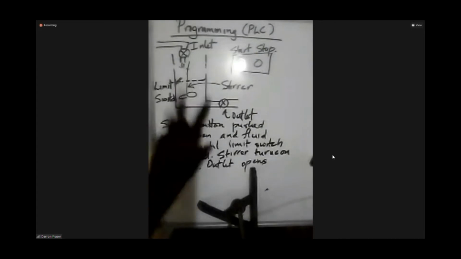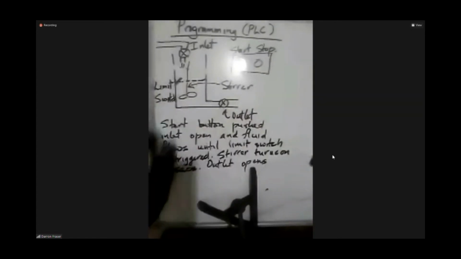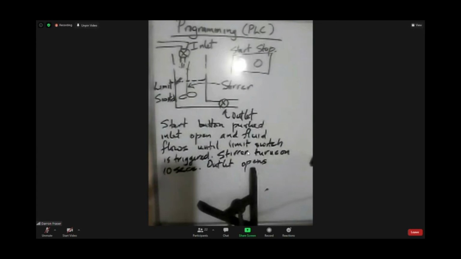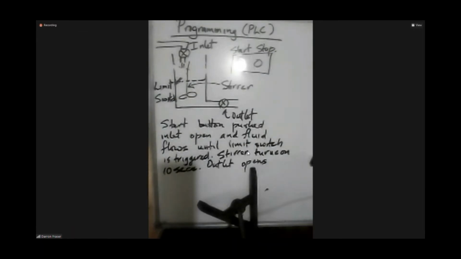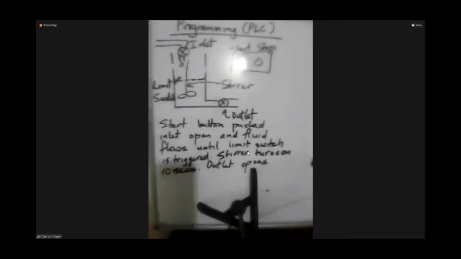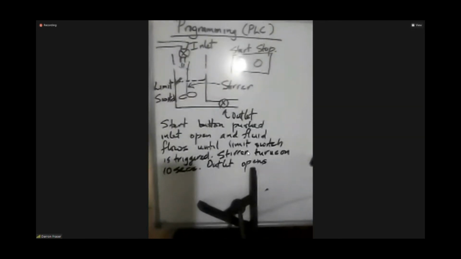So back to what we were talking about. In this process, we're going to be talking about using CX Programmer, but you will be able to understand other processes. The reason why we are using CX Programmer, like I said, is because it's cost effective and you have support. With Allen Bradley, you have to take a course of 5,000 US to get the knowledge that you need to deal with their PLC.